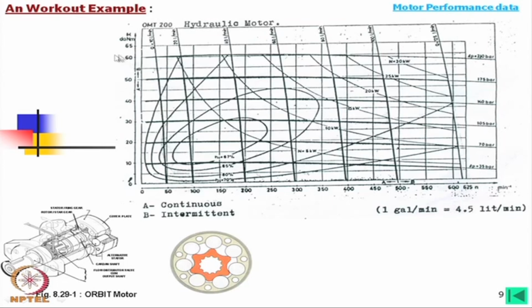And the torque is 60 deca-Newton meter continuous, and for intermittent operation it may be up to 625 RPM with an output torque of 65. So, A is continuous up to this point. We will normally follow this curve for continuous operations; this portion is for continuous operations.